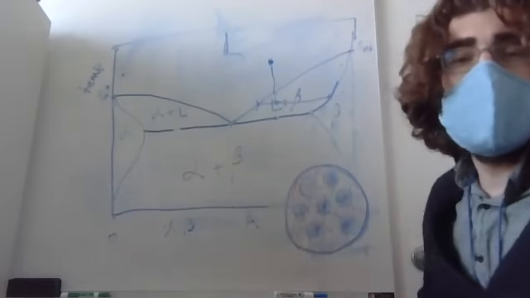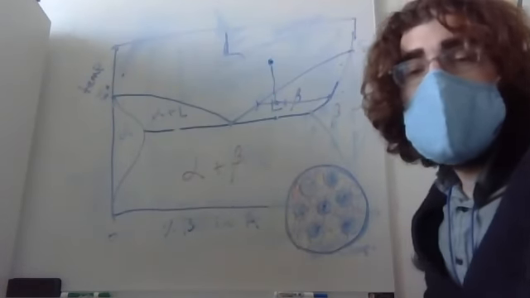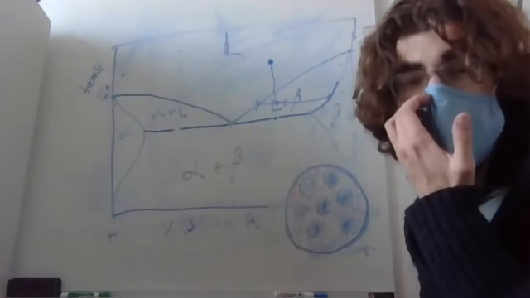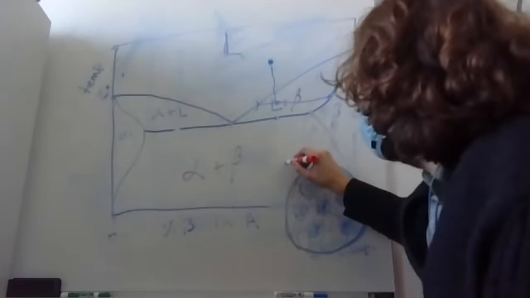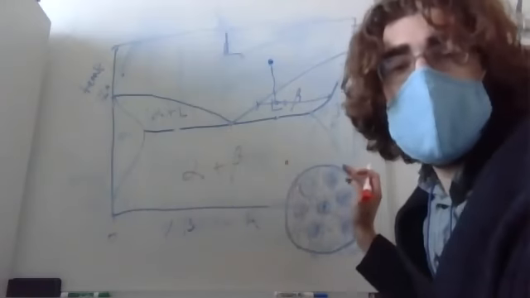So what we're left with is what appears to be predominantly a beta phase with a matrix of alpha phase in it. And as we are in this domain, we can still apply the lever rule.